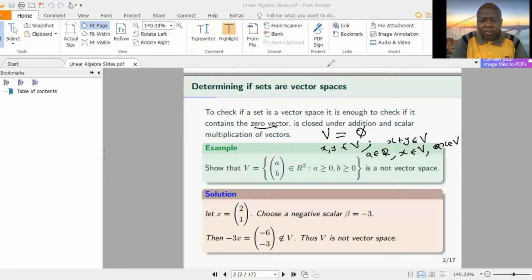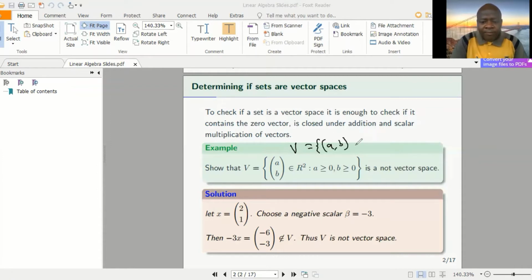So let's look at the example first. The example says show that this set of vectors (A, B) in R2, where A is non-negative and B is non-negative, is not a vector space. The other way of writing this is like this. If you find somebody has written it this way, there's no problem.